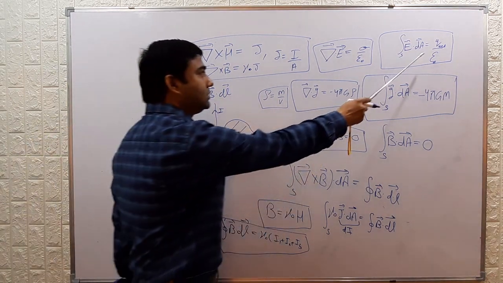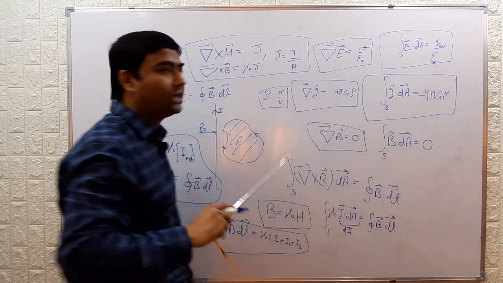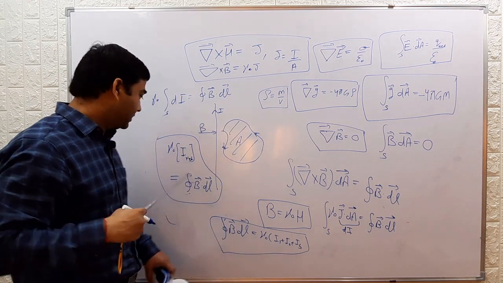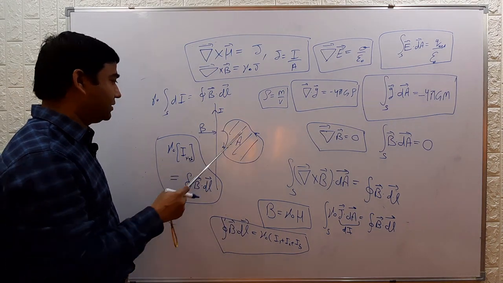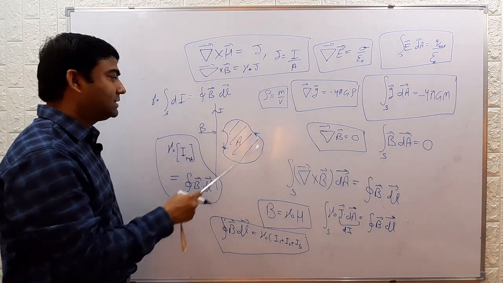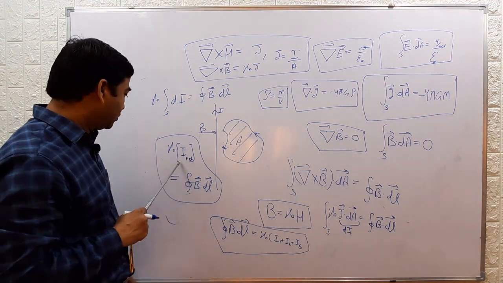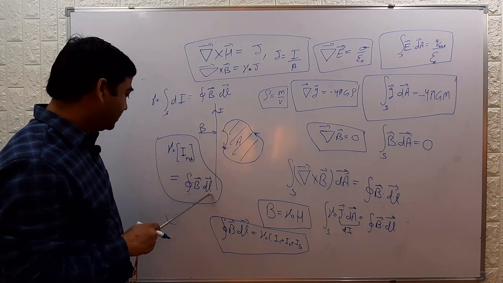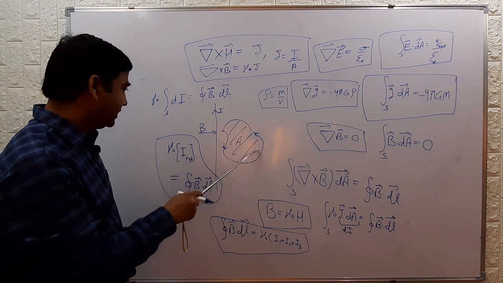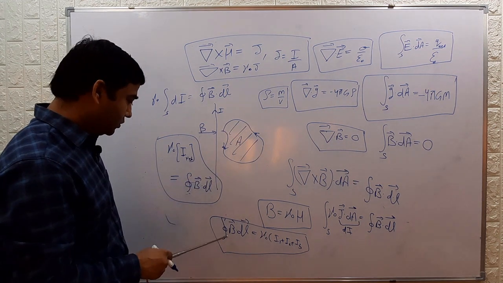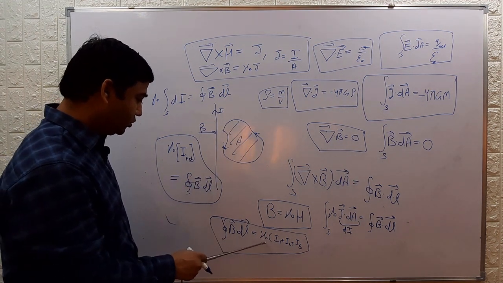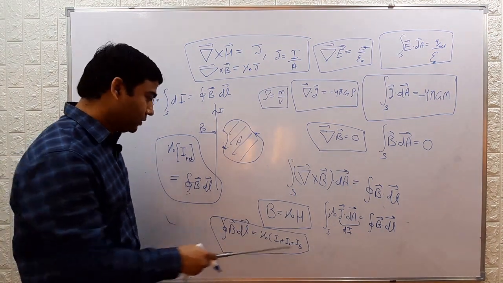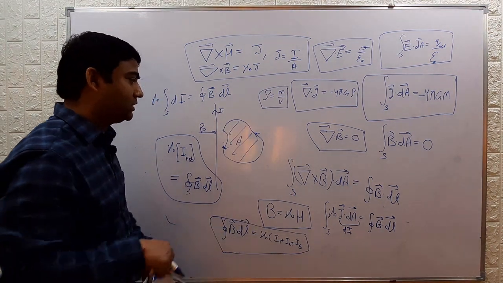Just like charge Q net, total charge Q1 plus Q2 plus Q3, here we can write total current enclosed by this curve. Mu 0 into total current is equal to circulation, that is B dot dL in this closed curve. So circulation over closed curve is equal to mu 0 times I1 plus I2 plus I3. That is the standard form of Ampere's law.